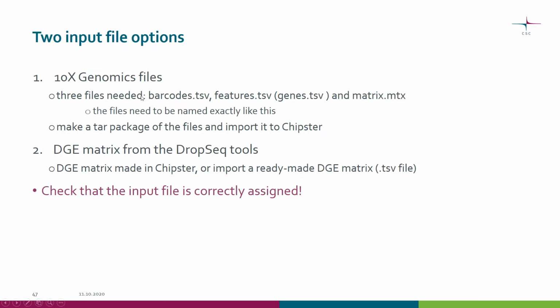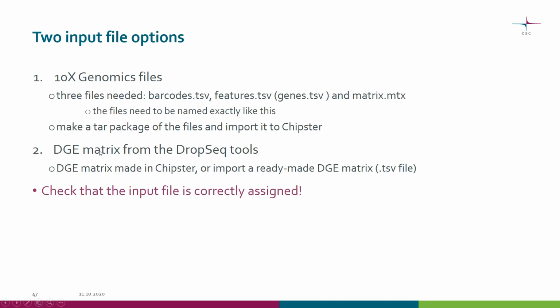Okay, so now we have covered these 3 files. When you use them in Chipster, they need to be in a tar package, and then you import that tar package to Chipster, and there should be nothing else in that tar package.